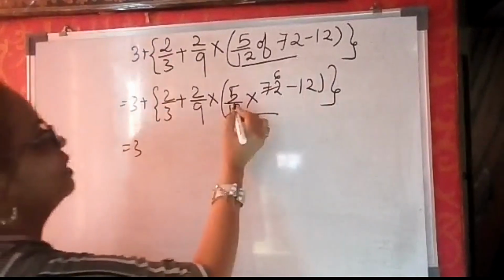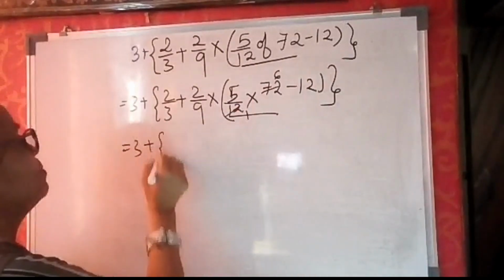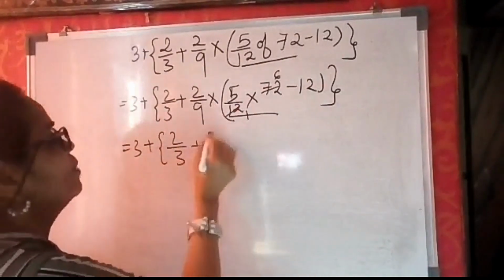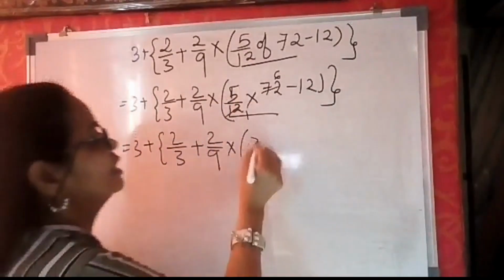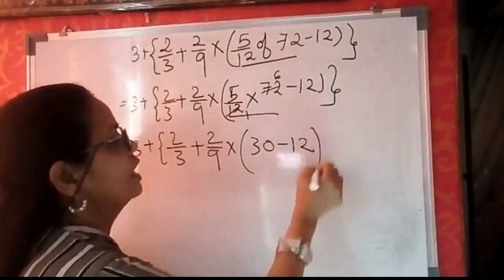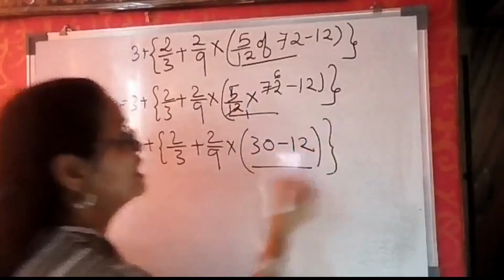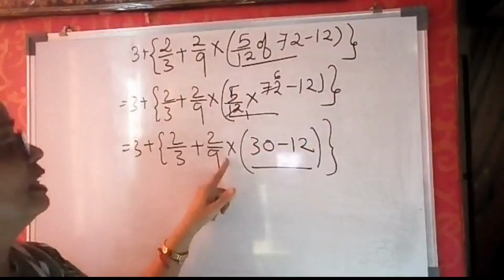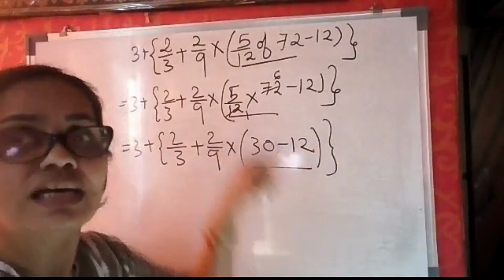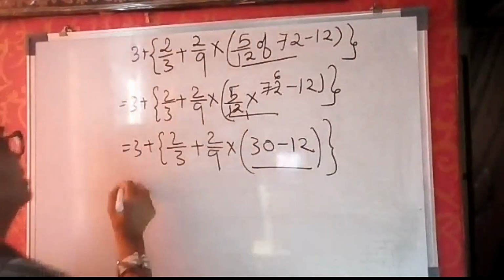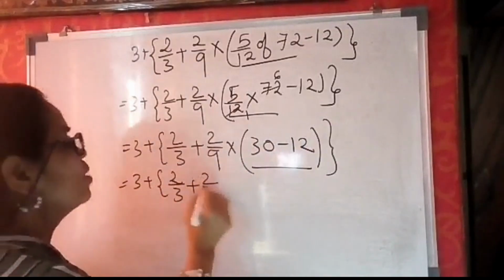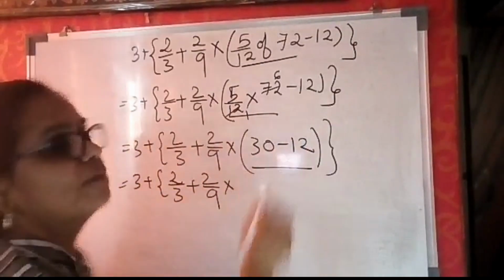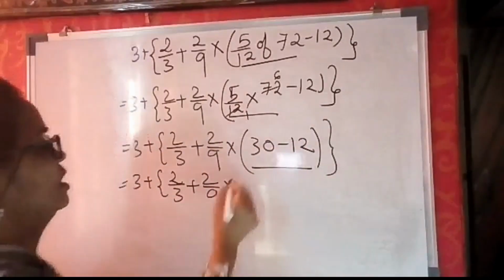Then multiplication here: 3 plus 2 upon 3 plus 2 upon 9 multiplied by 5 6s are 30 minus 12. Now we are solving this bracket. First we have to solve the inner round bracket. So 3 plus 2 upon 3 plus 2 upon 9, 30 minus 12 is 18.